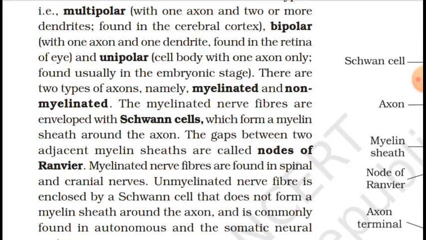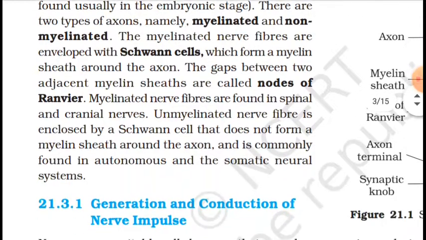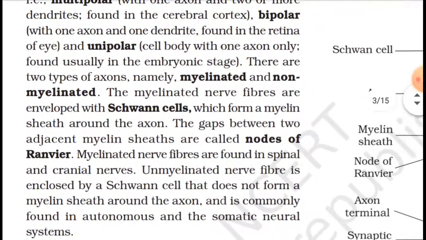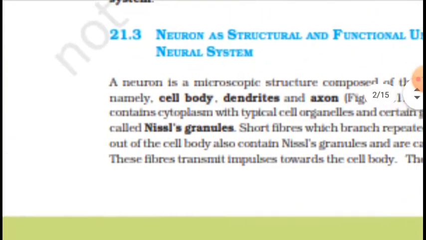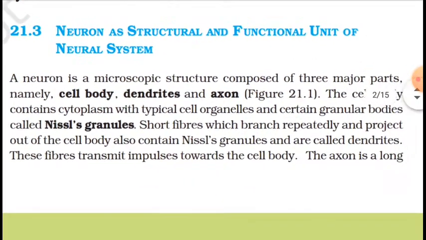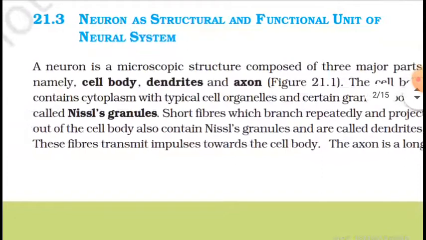Unmyelinated nerve fiber is enclosed by Schwann cells that do not form a myelin sheath around the axon, and it is commonly found in the autonomic and somatic neural system. So this way, a typical neuron structure is present as a structural and functional unit of any neural system. Three parts: cell body, dendrites, axon. Nissl granules are present in the cytoplasm of the cell body.